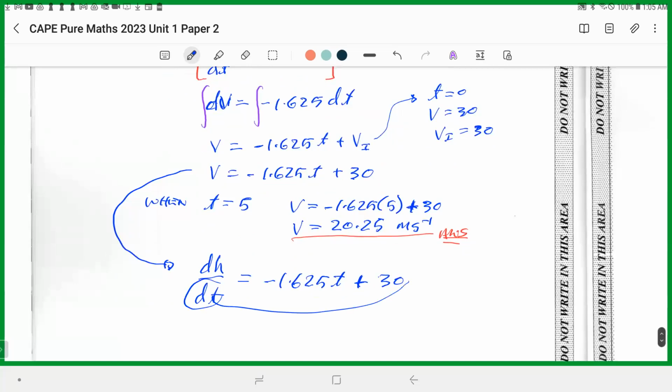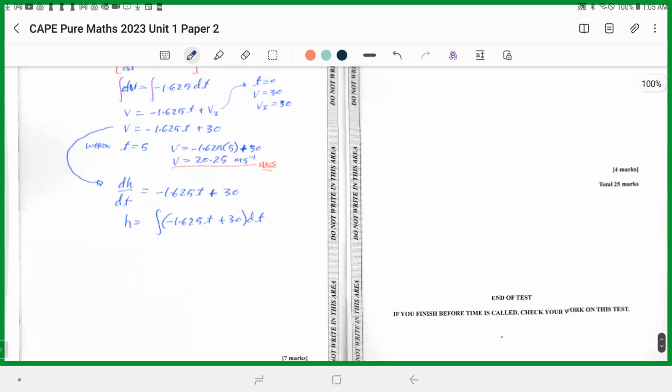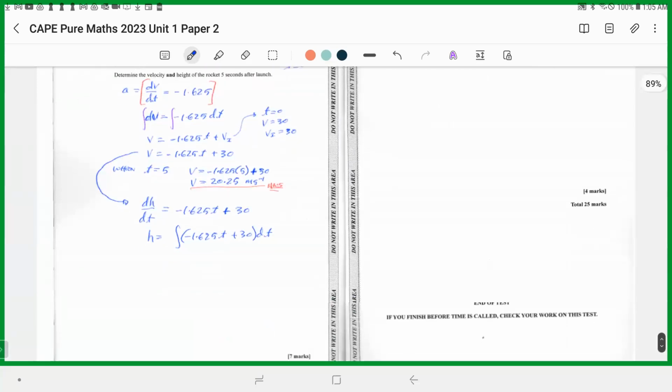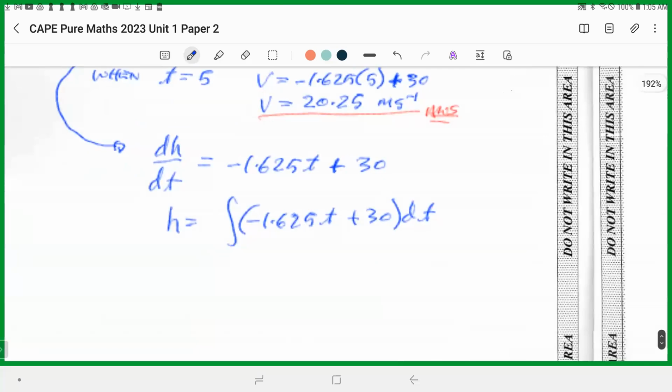Put that over here. We can simply say that the height becomes the integral of negative 1.625 t plus 30 with respect to time. Then now we're going to integrate this and put in a constant again.